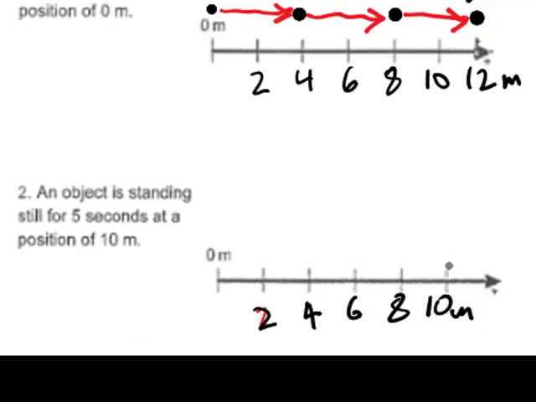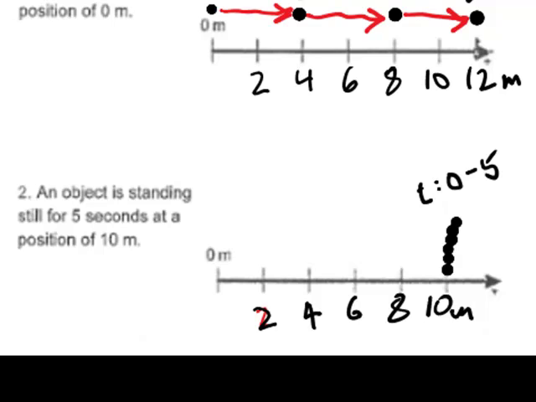Let's put that there. It pooped again, and again. 2, 3, 4, 5. It just keeps building up at the same spot. And this is for a time of 0 all the way to 5 seconds. Because it's not moving, there are no arrows involved.